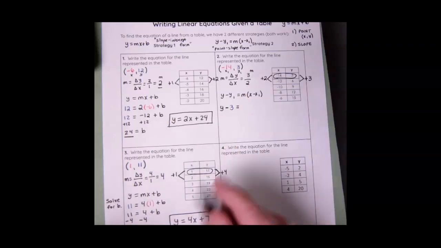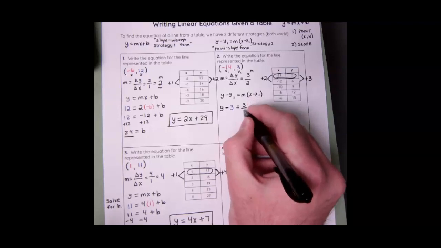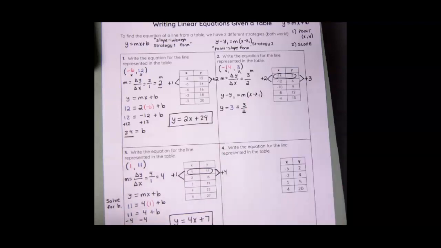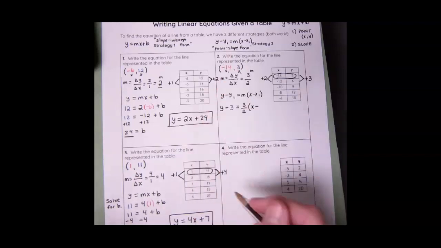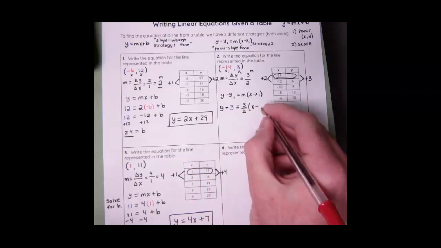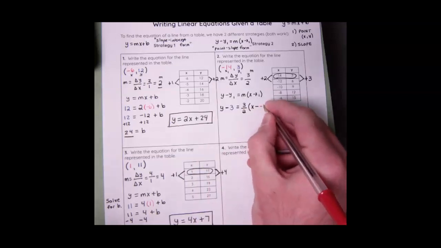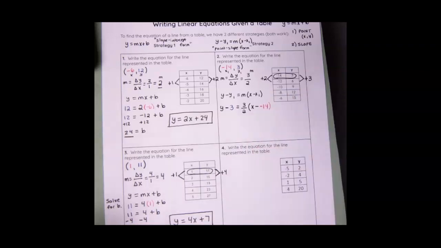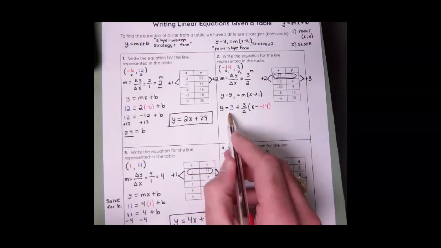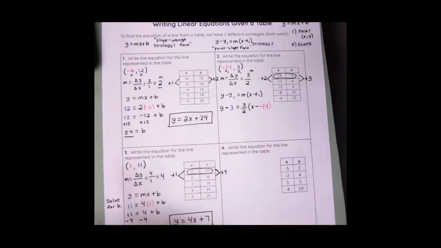My m, my slope, is 3 over 2. So I would write 3 over 2. Then I would write x minus my x1 is negative 14. Okay, so I plugged in my x1 and my y1 and my m, my slope.